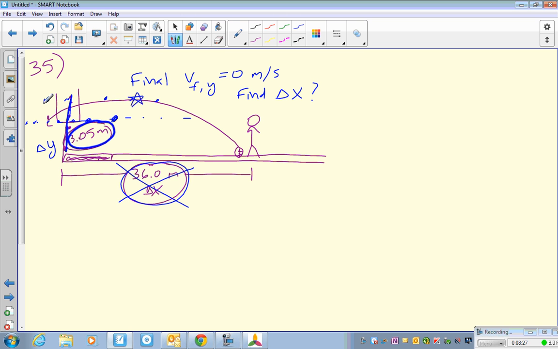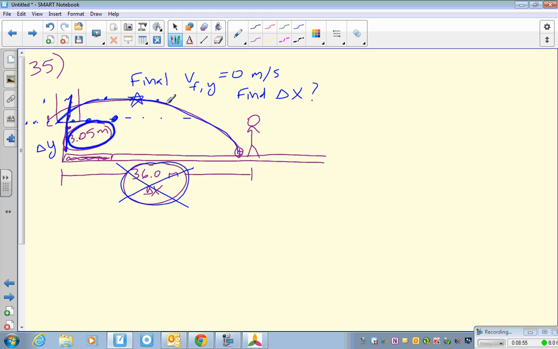If it reaches the highest point before traveling 36.0 meters, then that means that the ball would be falling because it would be after the v final. So for example, if at the tallest point delta x was 12, that means that after 12 meters it reaches the highest point, but after that it must fall, so it's falling when it goes through the crossbar.